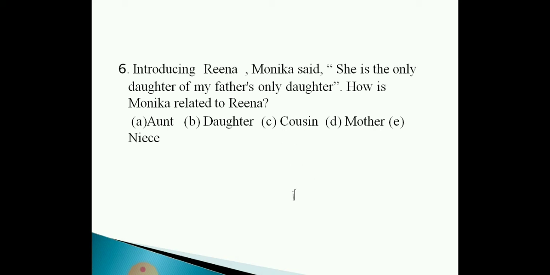Reena is in Monica's dialogue, so we have to start with Monica. Monica said she is the only daughter of my father's only daughter. Monica's father's only daughter is Monica herself.